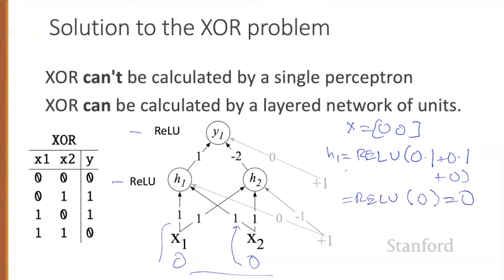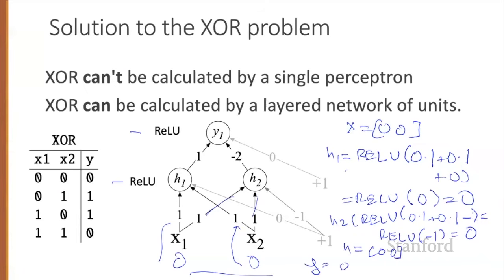So that will be 0. H2 will have value of 0 dot 1 plus 0 dot 1, but now minus the bias of -1, so we'll get a value of -1, which is 0. So we've got H as 0,0, and then Y is 0 times 1 plus 0 times -2 plus 0 equals 0.